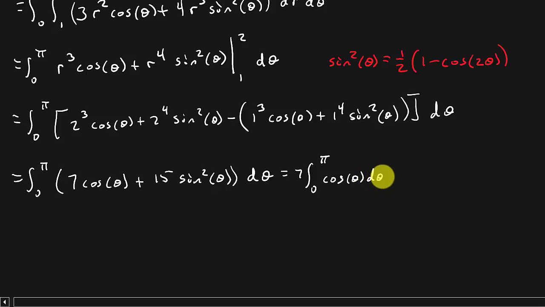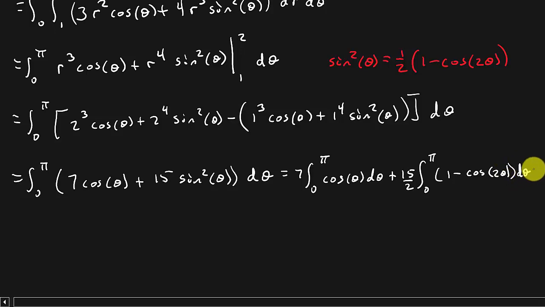Cosine theta d theta, and that's going to be plus 15 integral 0 to pi. Now I'm going to replace this with this. So it's 1/2, but I'm going to bring the 1/2 outside the integral, and that's going to be 1 minus cosine 2 theta d theta.